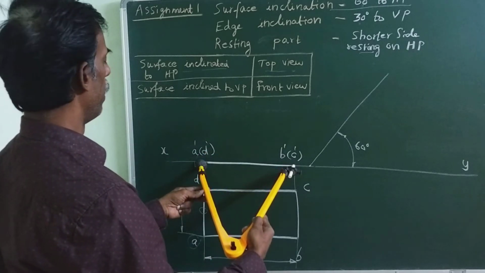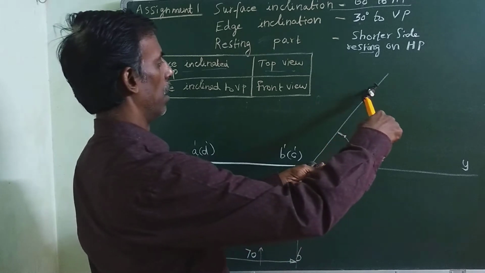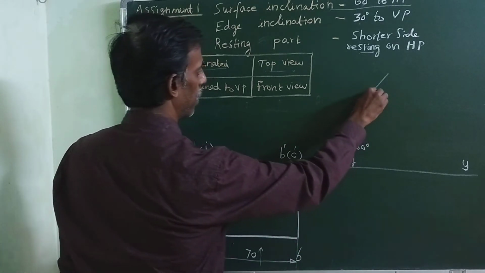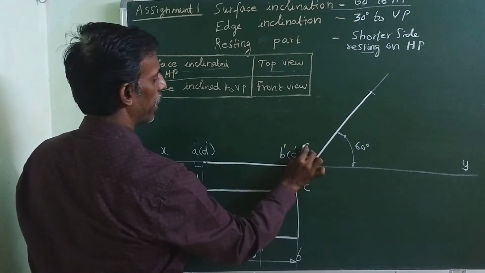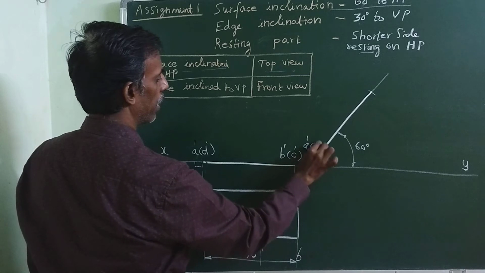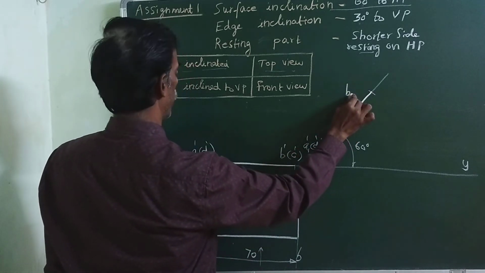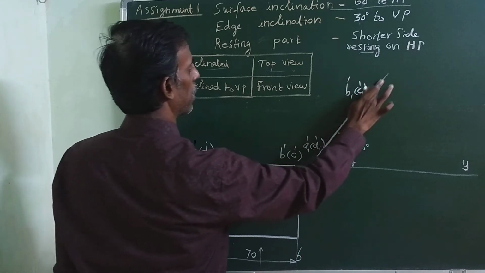So measure the length of the front view using compass and transfer here. Same notation I am going to transfer: A1 dash and B1 dash. Similarly here B1 dash and C1 dash.